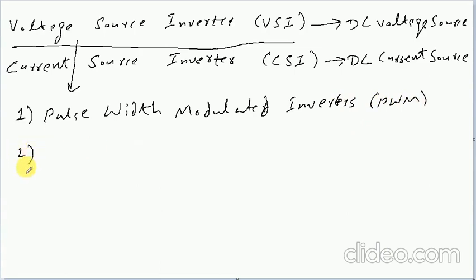Another type of these inverters is called square wave inverter. While the third case is relatively not commonly known.